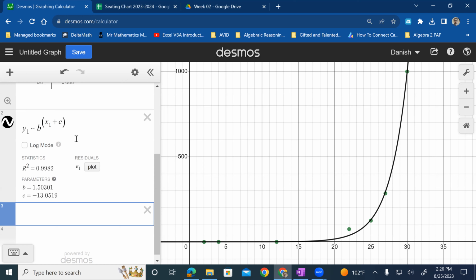I'm writing the equation for you. Stay with me. This is the suggested equation that we started with as an exponential equation. And Desmos solved it for you. It gave you the value of the B and the value of C.